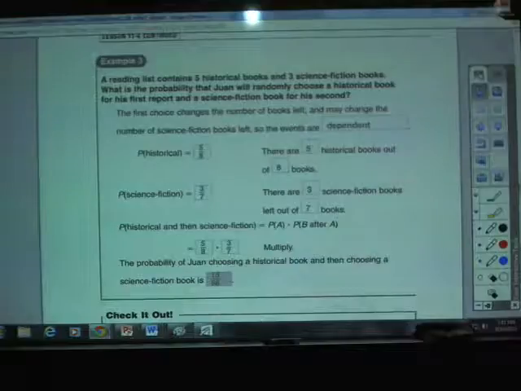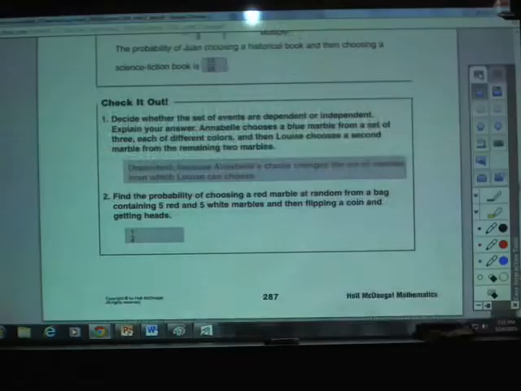So as we look at the concluding examples here in the Check It Out section, it's asking me to decide whether the set of events are dependent or independent in number 1. And it says Annabelle chooses a blue marble from a set of 3, each of different colors, and then Louise chooses a second marble from the remaining 2 marbles. So the operative phrase here is that she's picking from the remaining 2 marbles.